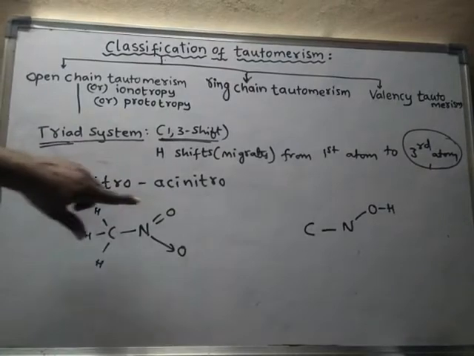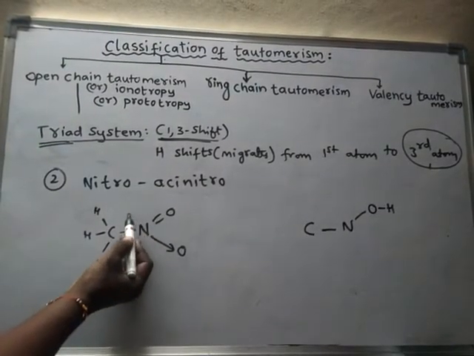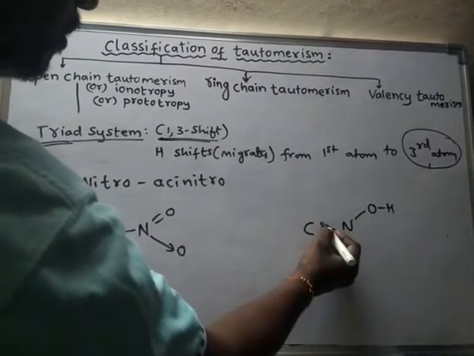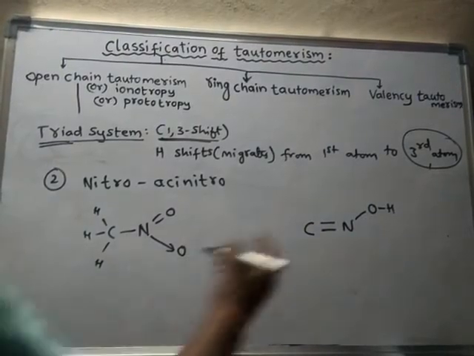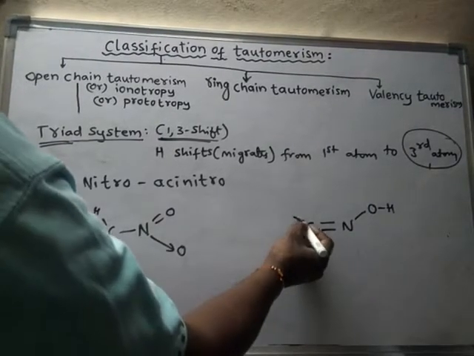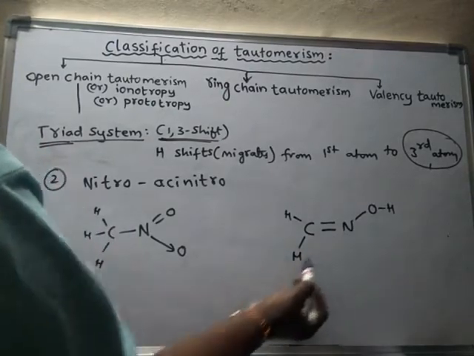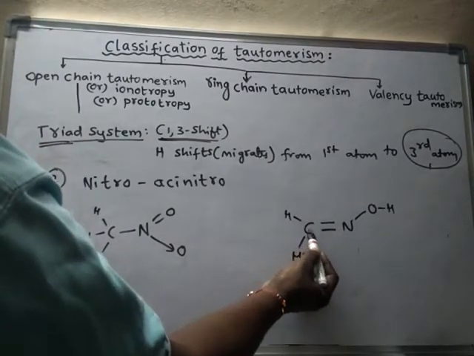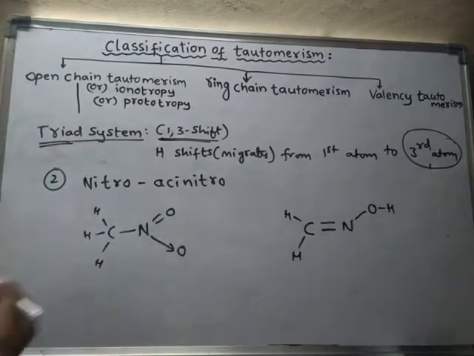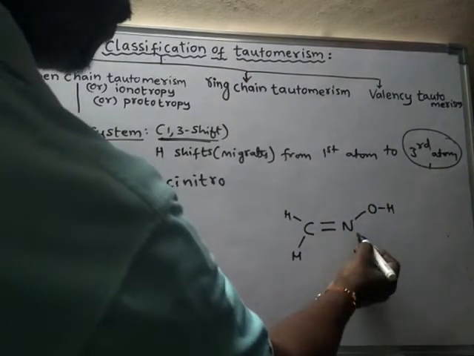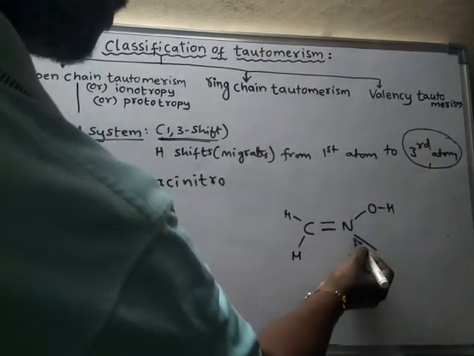And here the double bond will shift between carbon and nitrogen. That means a double bond is newly formed between carbon and nitrogen, and one of the hydrogens is lost by this carbon, and that hydrogen is gained by oxygen. So as a result, a new compound is formed.